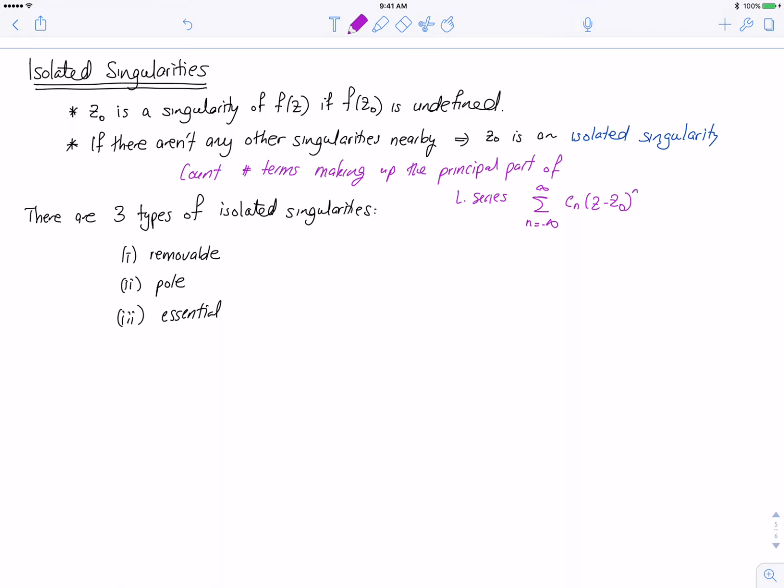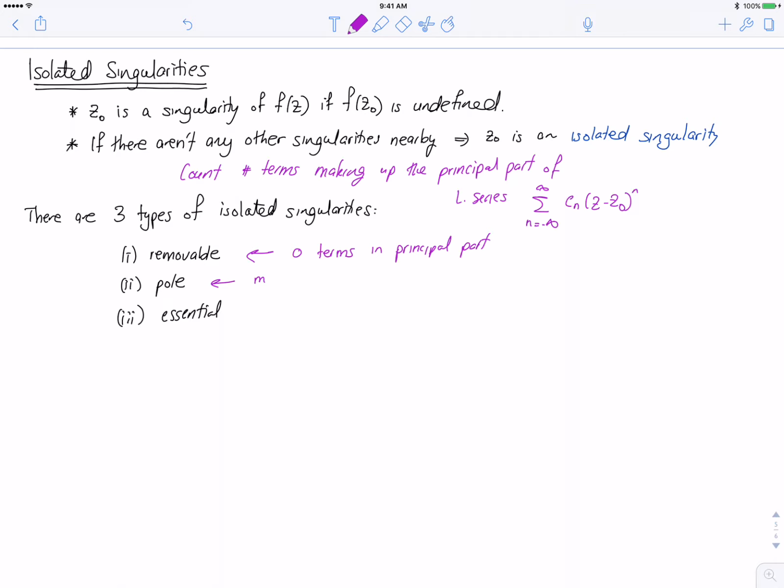If you have 0 terms which appear in the principal part, then z naught is called a removable isolated singularity. So it's removable if there are 0 terms in the principal part. So if you find a Laurent series and there are no negative powers of z minus z naught, you know it's a removable one.